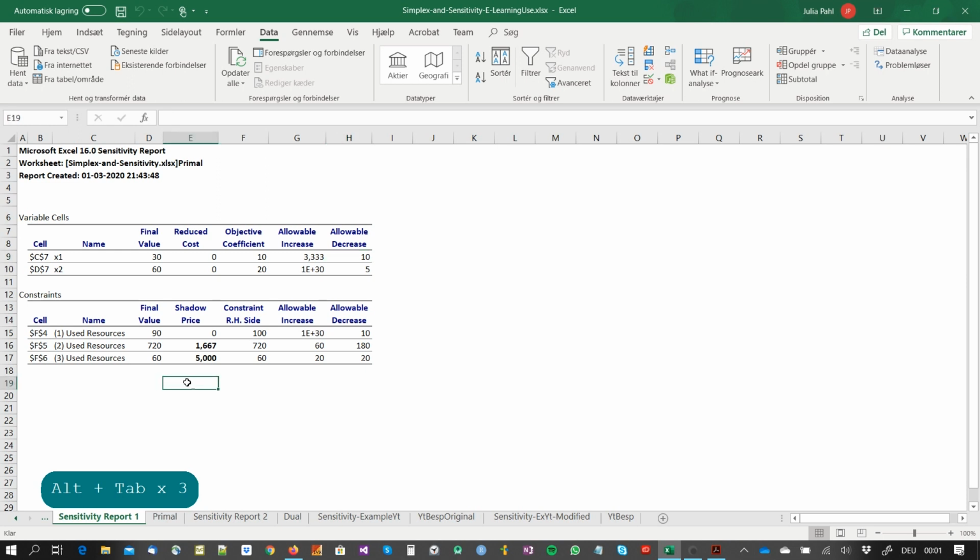Once again, if we look at the table, we see for constraint 1 that the capacity was given by 100 and the allowable increase is infinite, while the allowable decrease is 10, meaning that this resource can vary in a range between 90 and infinity.